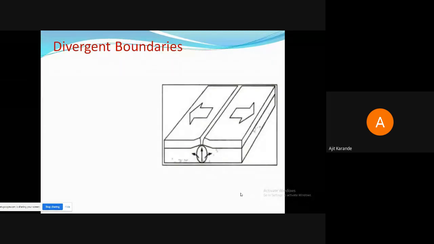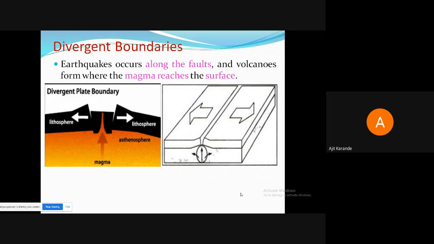Then here you can see these are the two images. These are the two successive plates. Let's see the first image. After repulsion of these two plates, you can see in between the two plates, one valley region is formed.